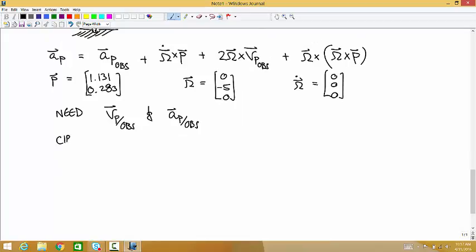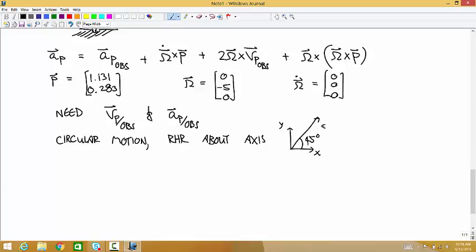Okay, so that's circular motion, following the right-hand rule about this axis, where that's x, that's y, and this is 45 degrees. So we need this unit vector.